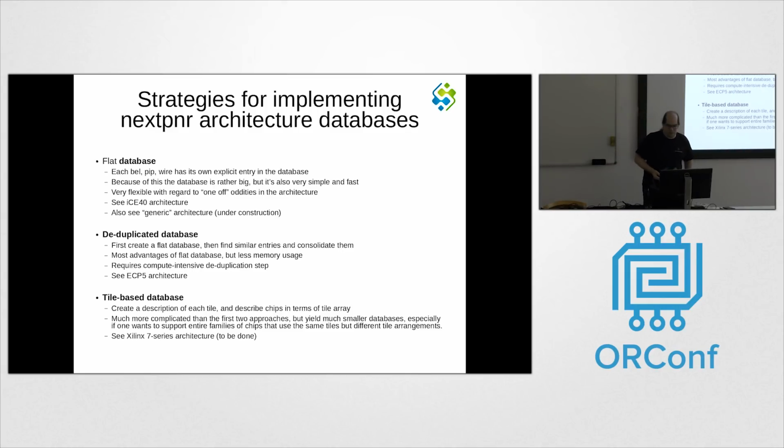And this way you can drastically reduce the size requirements for your database, of course. It's still not going to scale forever because you have this intermediate step where you first have to generate a flat database before you deduplicate it.